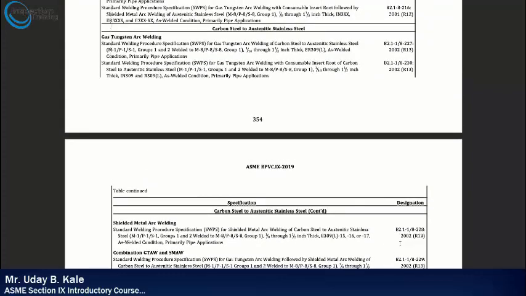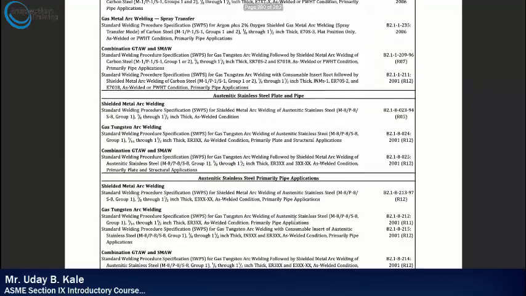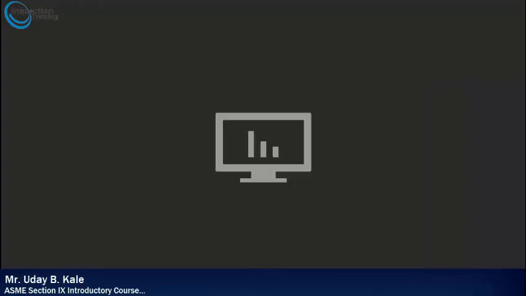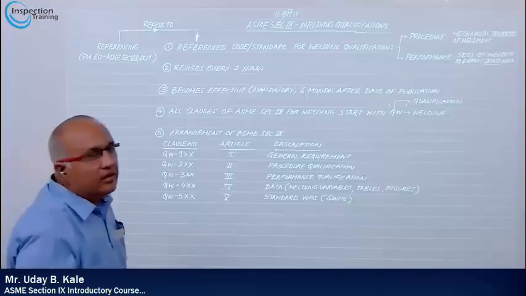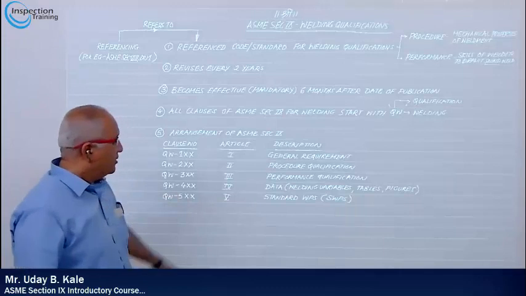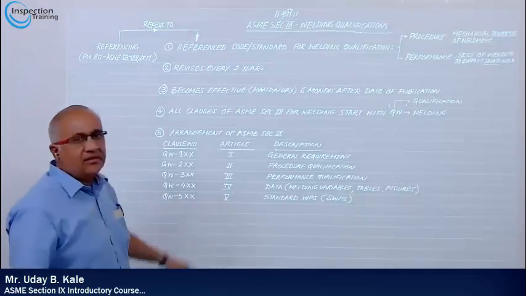Their designations are given on the right hand side. So that's what we had seen about Article 5.